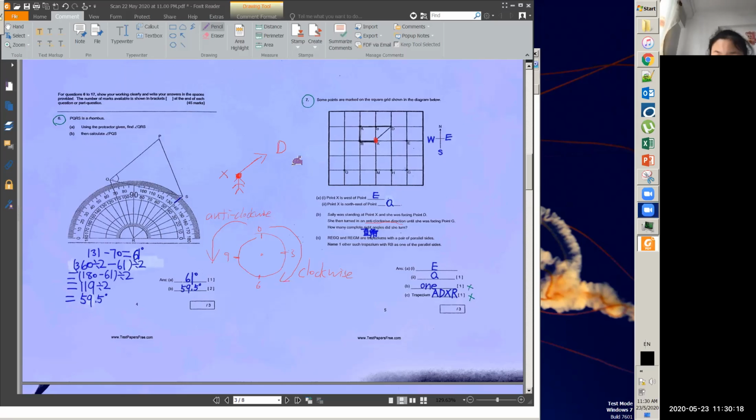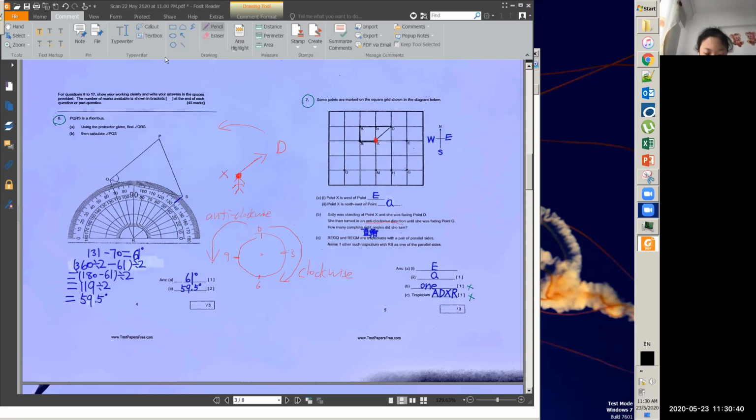In this case, she turned anti-clockwise until she was facing point G. So basically, she moved this direction anti-clockwise to face G. From D, she turned anti-clockwise to G. Where is G?